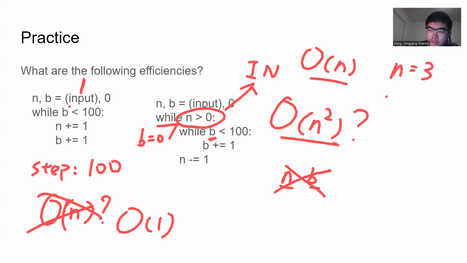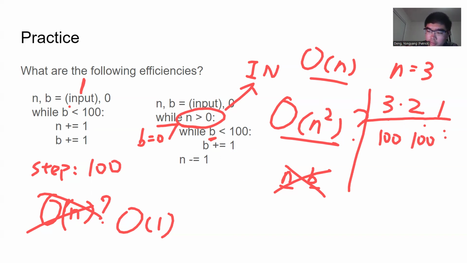I have to run from 3 until 2 until 1. So for each execution of the outer loop, the while loop inside has to run 100 times. For the first one, b is 100. The second one is also 100. The third one is also 100. So looping 100 times every time, no matter what inputs you bring in.